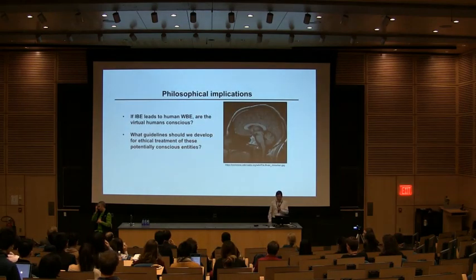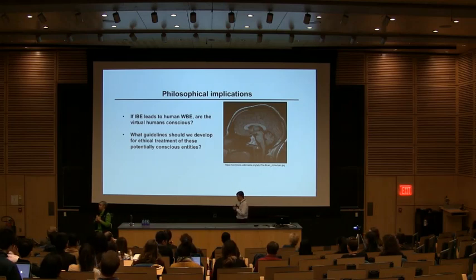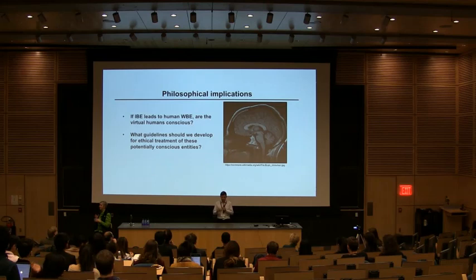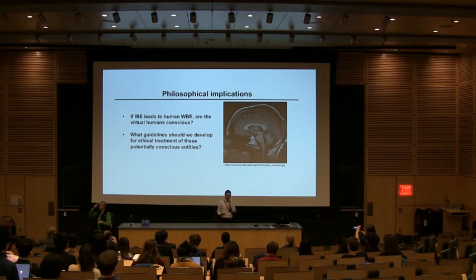All right, so lastly I'd like to discuss the philosophical implications, because obviously as this intermediary with a lot of other applications, but as something that could potentially lead later on to the simulation of human brains, we have to consider the possibility that such brains might be conscious at some point in time. And if such brains were to be conscious, we would want to be very careful with doing experiments on them, because that would essentially entail doing experiments on the equivalent of a living human being.